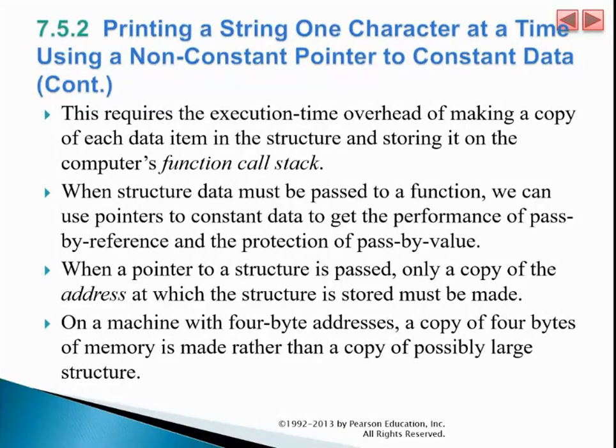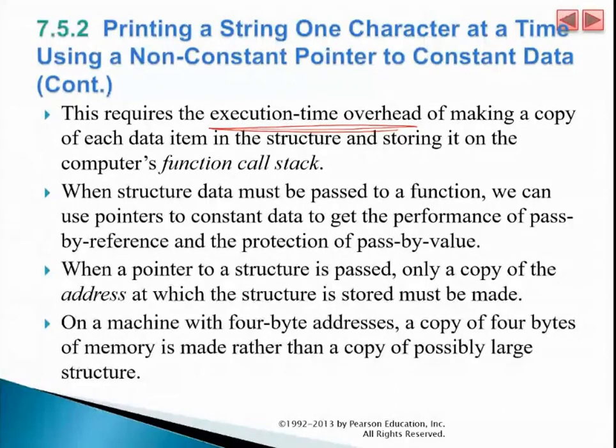Okay, so actually pass by value, if we talk about a simple variable, then it's okay, no big deal. But if you do a pass by value for such large or huge data items, then this requires execution time overhead of making the copy of each data item in the structure.